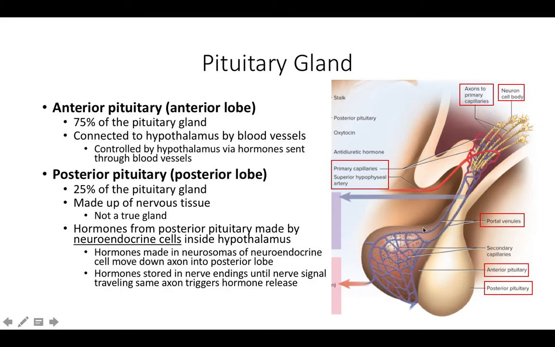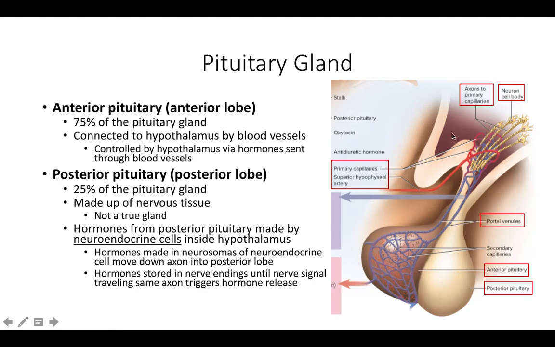The anterior makes up about 75% of the pituitary gland, and it's connected to the hypothalamus through all of these blood vessels that you see. You can see this one has a lot more capillaries and blood vessels compared to the posterior, and the reason is that the hypothalamus controls this anterior pituitary through hormonal secretions.